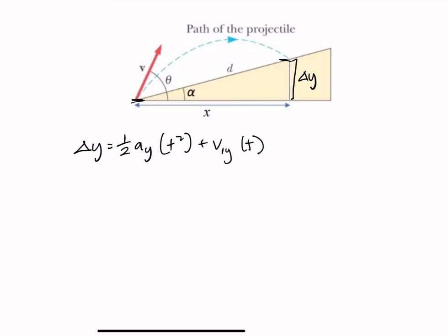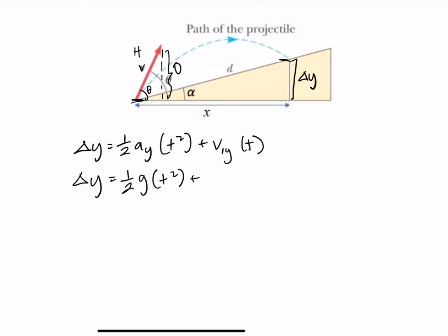Now we know that in the y direction, acceleration when it's in free fall is g, times t squared. And we can expand this. So v_iy, if we look at this angle of the projectile that we're given, theta, the y component is opposite to theta, and v_i is the hypotenuse.